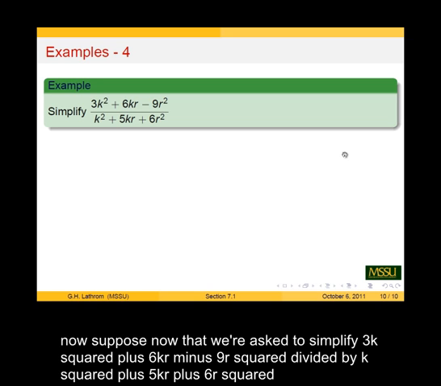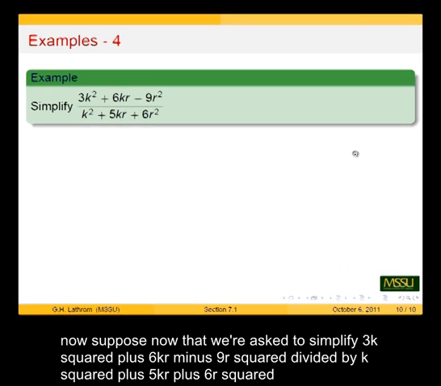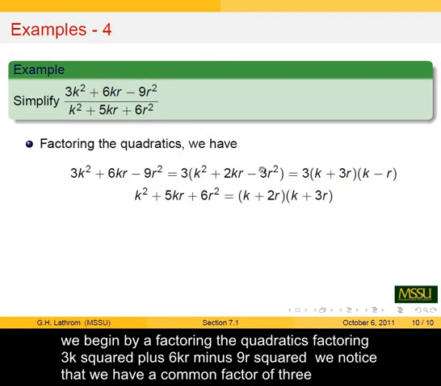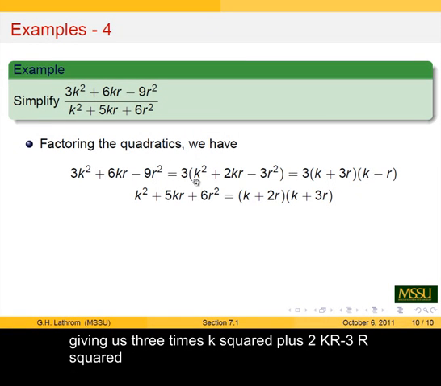Suppose now that we are asked to simplify 3k squared plus 6kr minus 9r squared over k squared plus 5kr plus 6r squared. We begin by factoring the quadratics. Factoring 3k squared plus 6kr minus 9r squared, we notice that we have a common factor of 3, giving us 3 times k squared plus 2kr minus 3r squared.